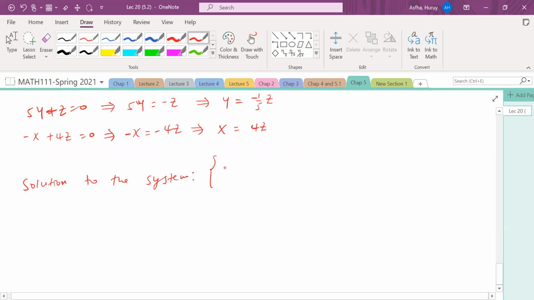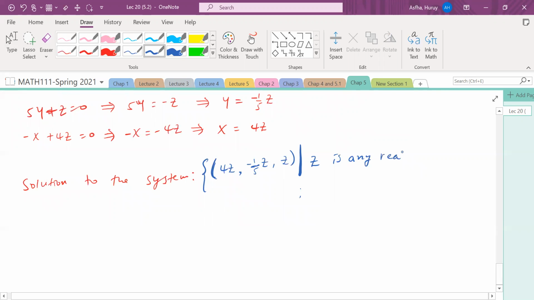So I can write this as an ordered triple in parentheses: x is 4z, y is negative 1 over 5 z, and z is z by itself, such that, with a bar or sometimes a semicolon, z is any real number.